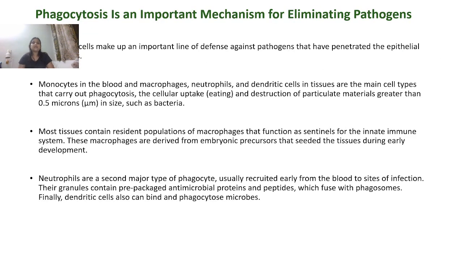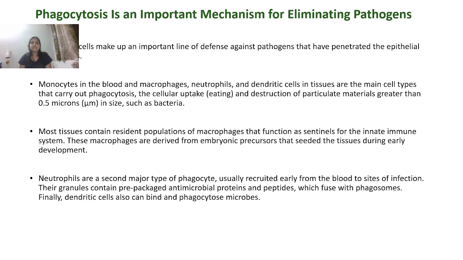So apart from that, we know there is a process known as phagocytosis. It is an important mechanism for eliminating pathogens. They make up an important line of defense against pathogens that have penetrated the epithelial cell barriers.